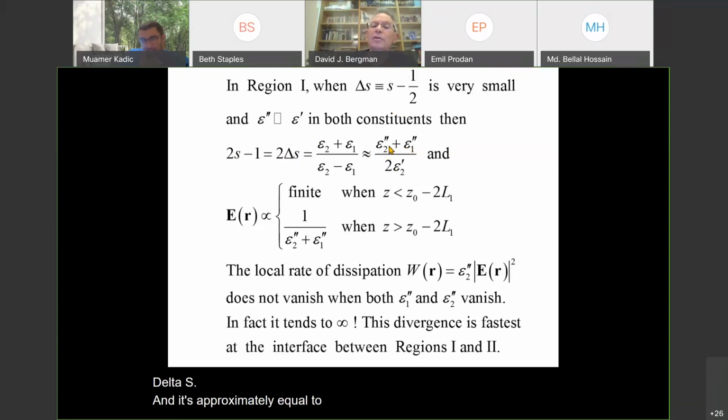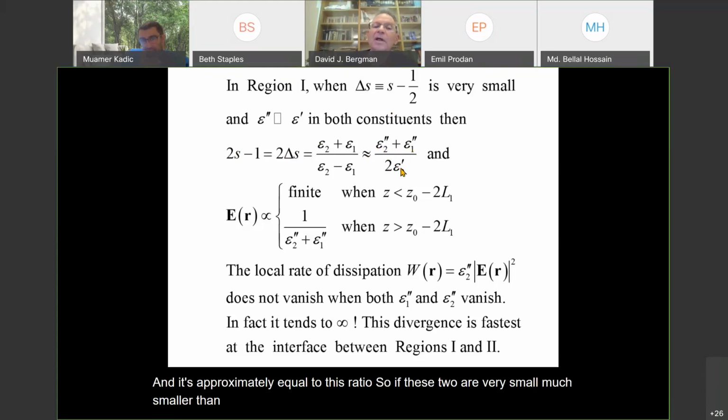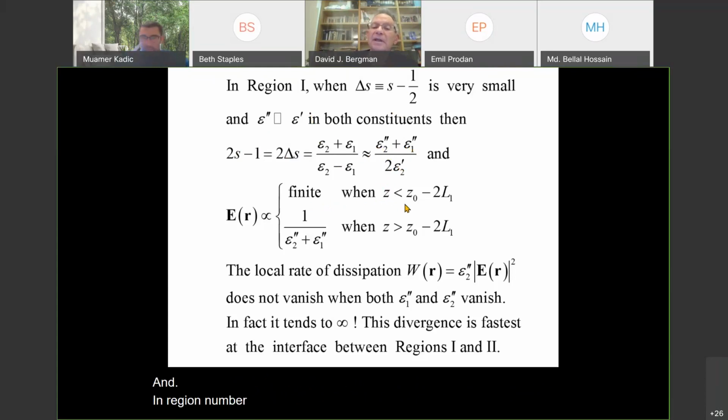So if these two are very small, much smaller than the real part, then one finds that in region number 1, if z is lower than the lower focus, then the electric field is finite.